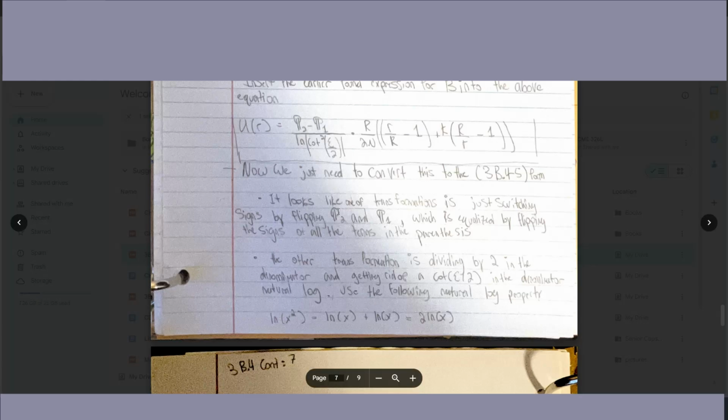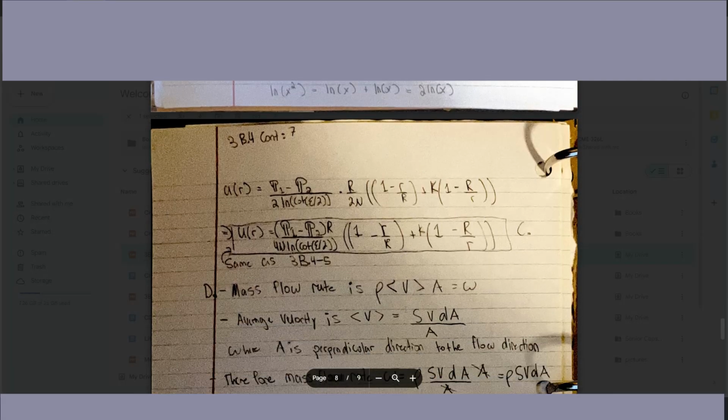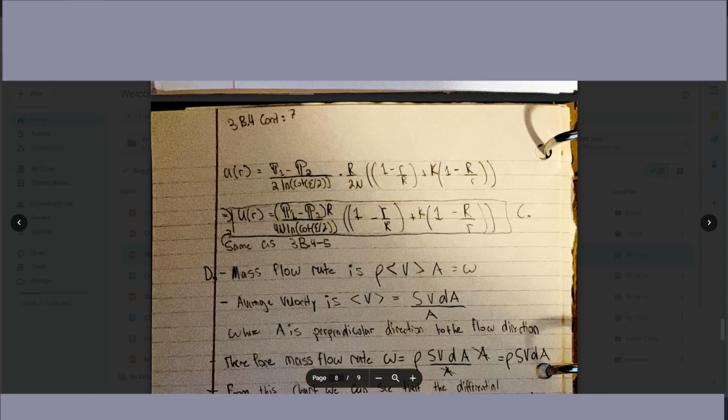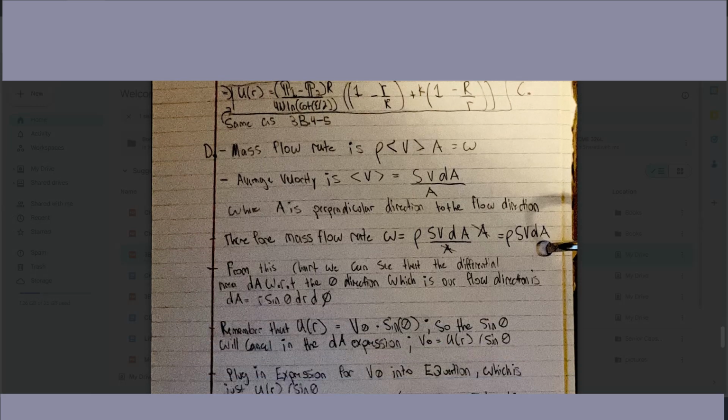So that's how you get rid of the square. Log rule: ln x squared equals ln x plus ln x equals 2 ln x. That makes sense. I mean, that was pretty obvious, but I'm just an idiot. So that's where the 2 comes from, and you get the 4 there. Put the 4 here, same as 3B.4-5.